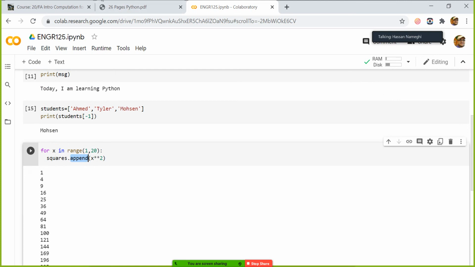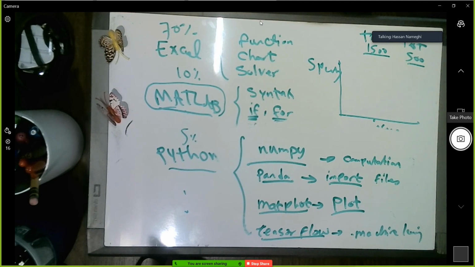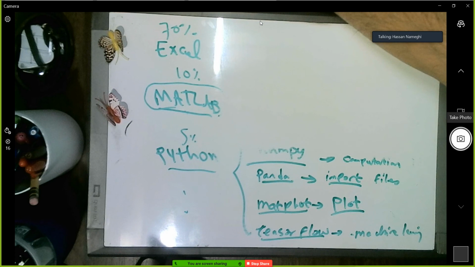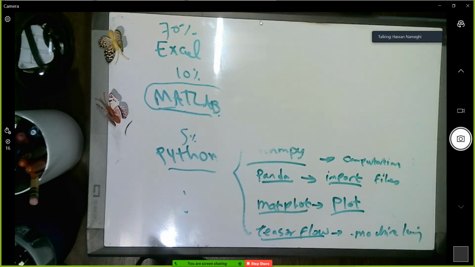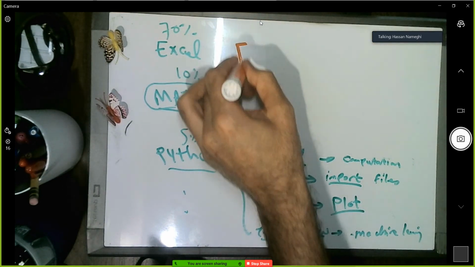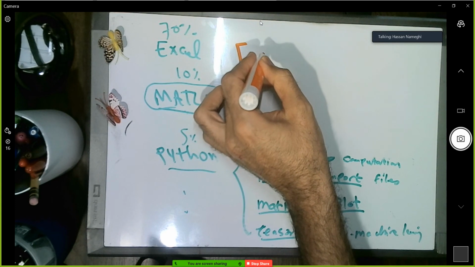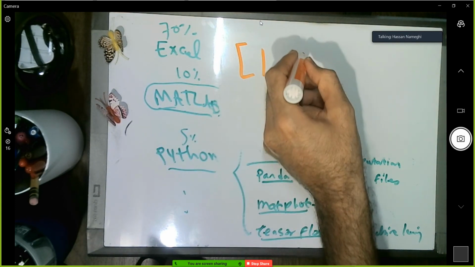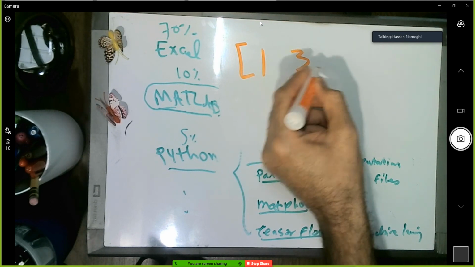If you create a vector like this, if you have a vector and then you want to add a component to that vector, you have the first number and you want to add to it the next number, the number after. So if you have a vector like this, your first number is 2, and then you want to add the next number, which is 3. This is called append, right?